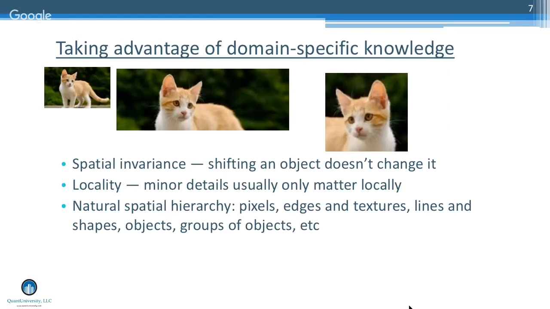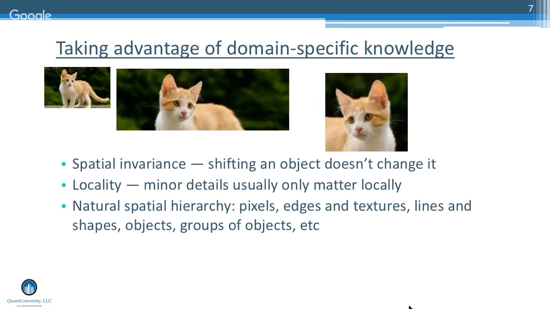There are other assumptions I can make. Visually speaking, typically things that are close together are more important, and once I understand the structure locally, I can understand the global picture at a higher level. Thinking about it intuitively, as I look at this room, I don't really care about the exact pattern of reflections on the top of that chair. I say, look, there's a chair there, chair there, chair there, person here, chair there, etc. I don't need to understand the whole picture to identify individual objects.